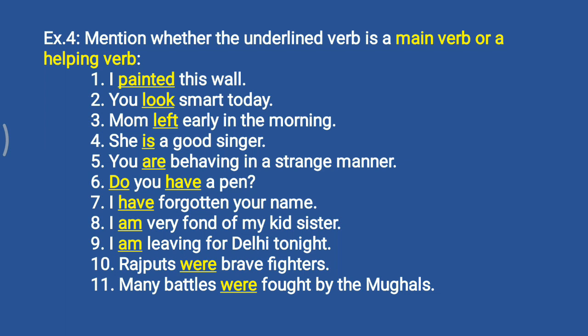I am leaving for Delhi tonight. In this sentence, am is an auxiliary verb. Rajputs were brave fighters. In this sentence, were is the main verb. Many battles were fought by Mughals. In this sentence, were is the helping verb.